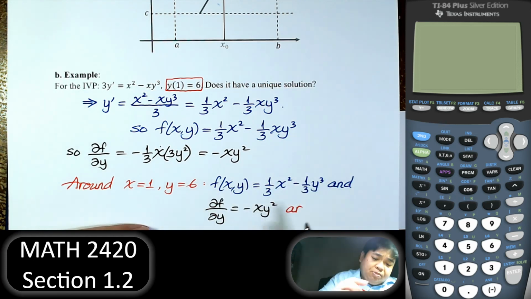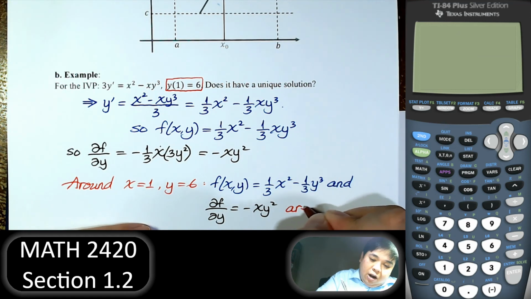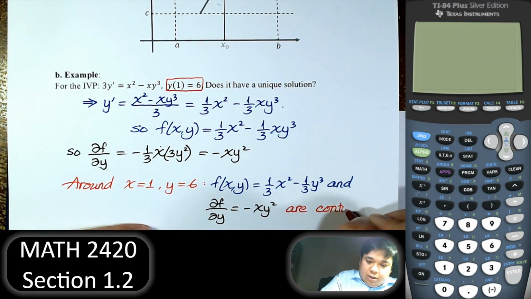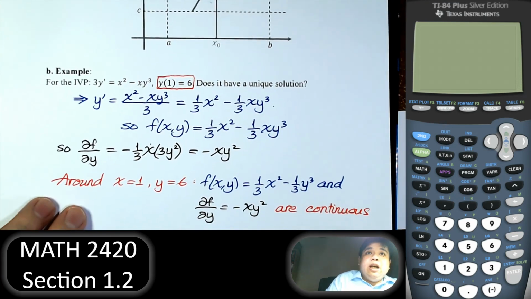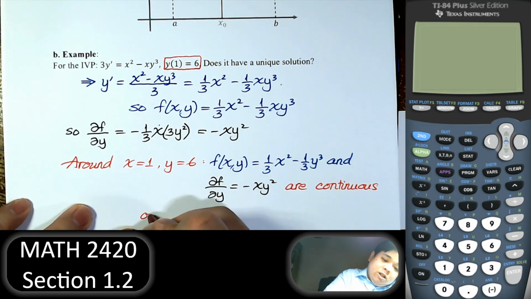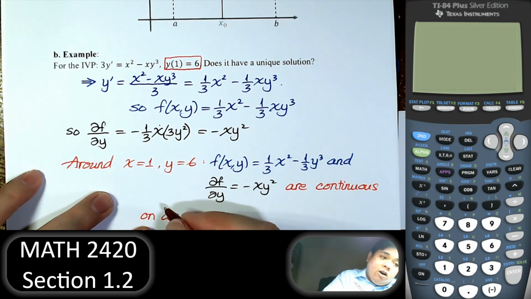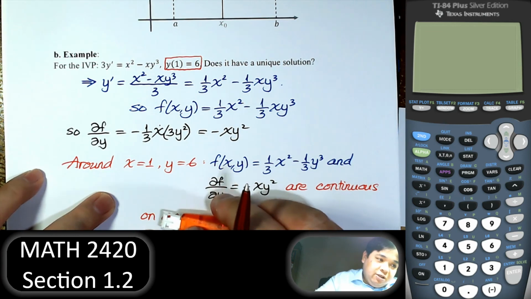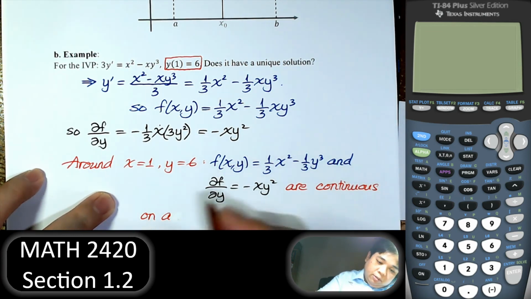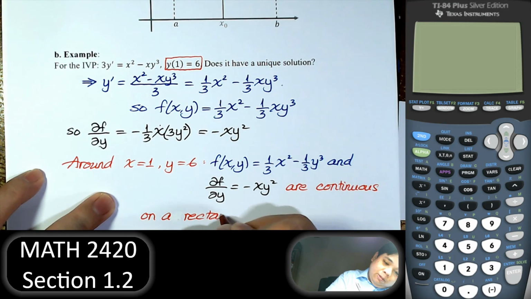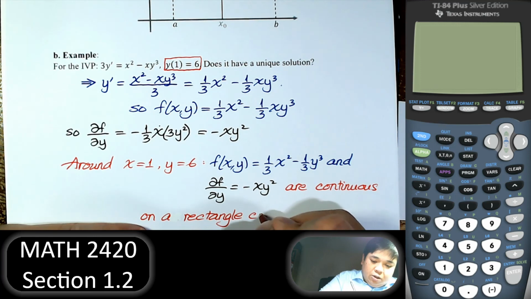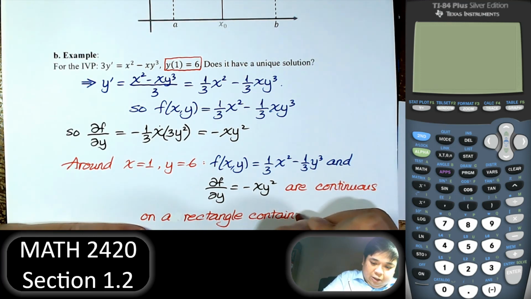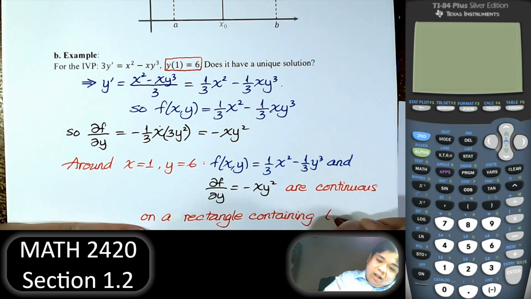So in this case, we say they are continuous. If you want to be more precise, they are continuous on a rectangle containing the point 1 and 6.